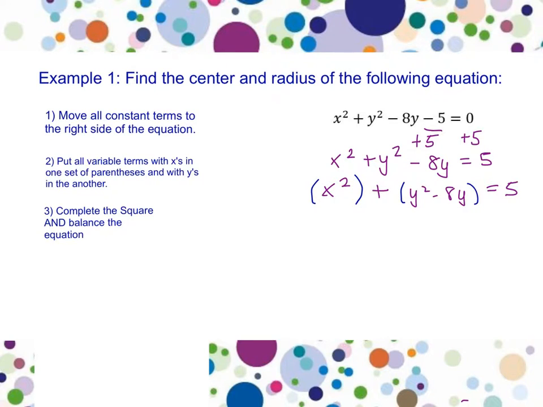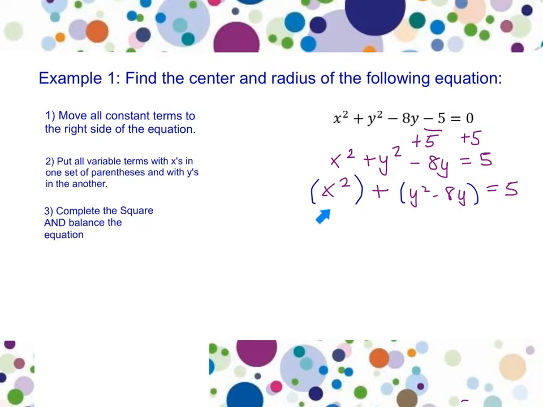So now we're going to complete the square, and there's actually in this one an instance where we won't need to complete it, and we're going to balance the equation. So when you see this x squared by itself, and there's no x squared plus 2x or x squared plus 4x, there's no need to complete the square.